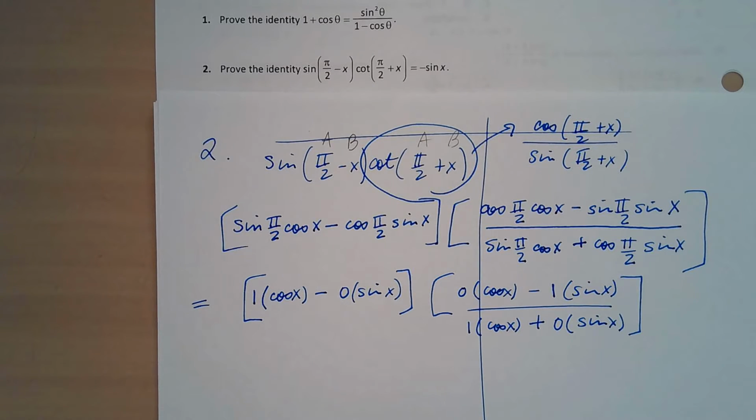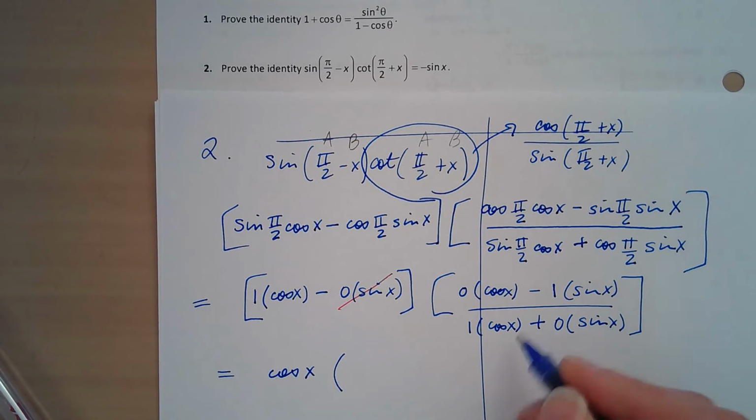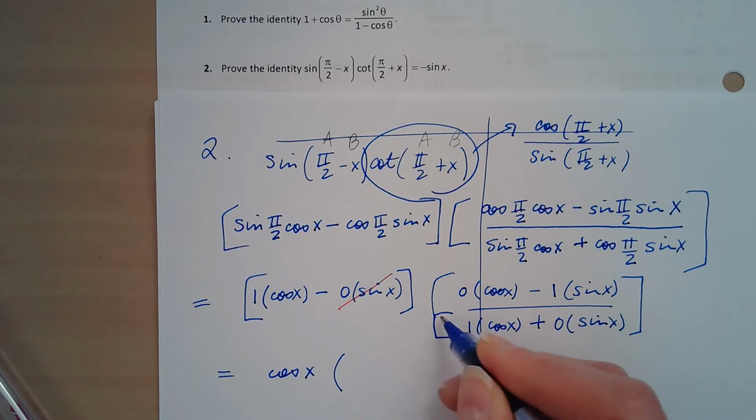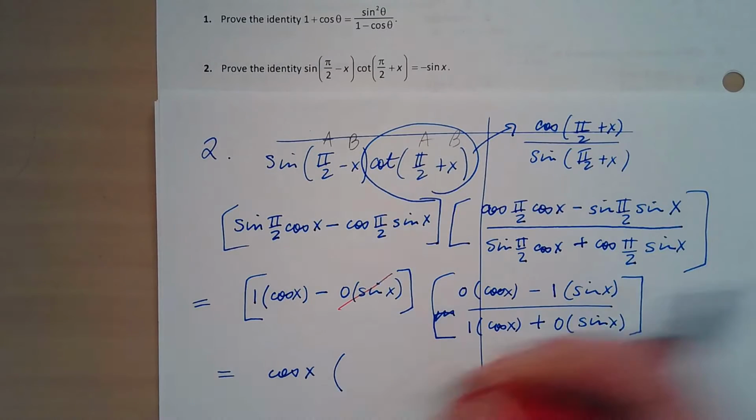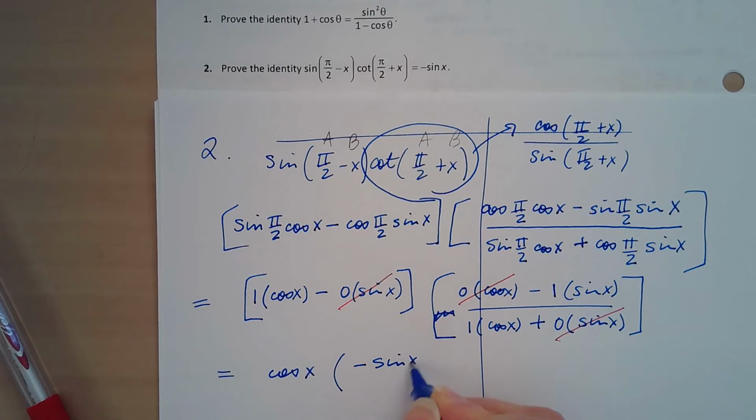All right, so this just disappears, right? And I'm left with just cos of x here. And it's being multiplied by, okay, what am I left with here? That disappears. This one disappears and this one disappears. So I'm left with negative sine x over cos of x.